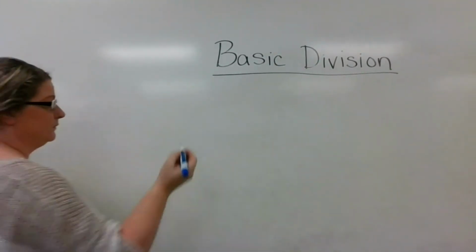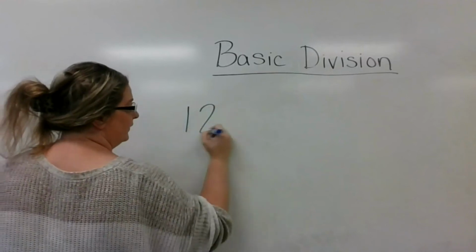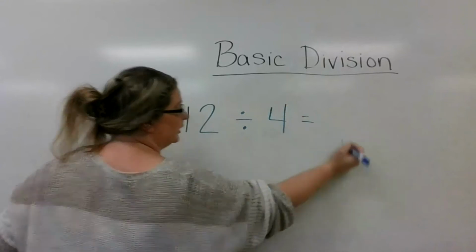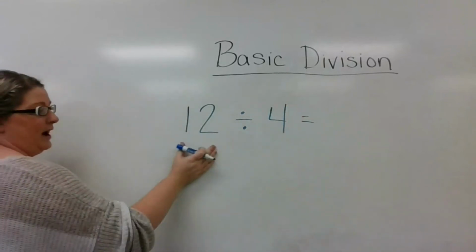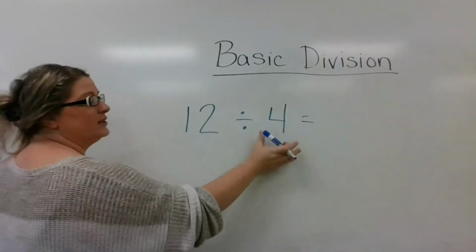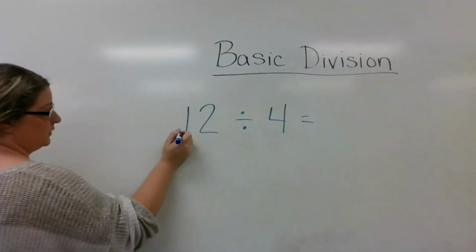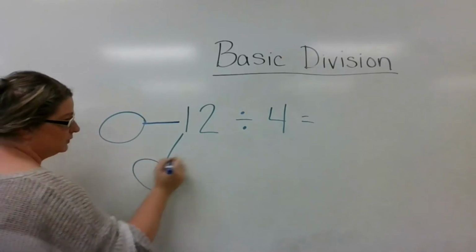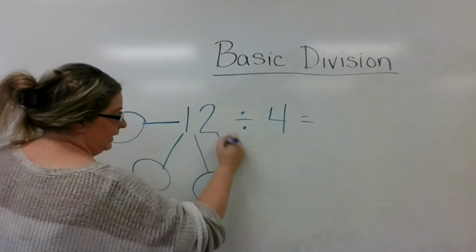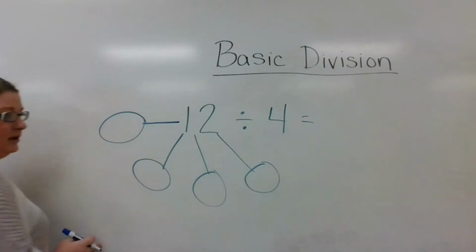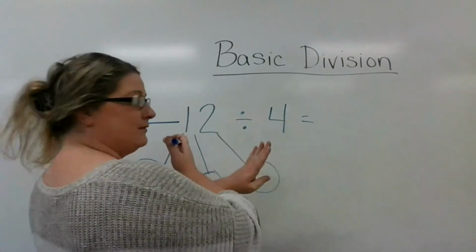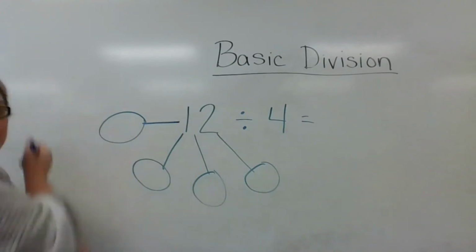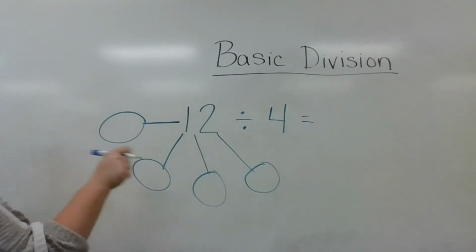Let's try it again. If we have 12 divided by 4 equals something, I know that I need to split my 12 into 4 groups, right? So I'm going to say group 1, 2, 3, and 4. And if I don't already know the inverse of this, because remember, multiplication is the opposite of division, and if I can flip this around, I absolutely should do that.